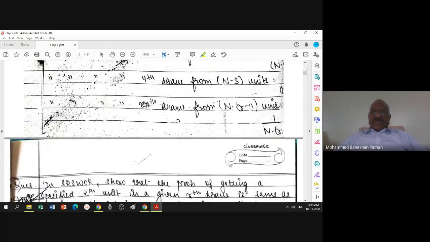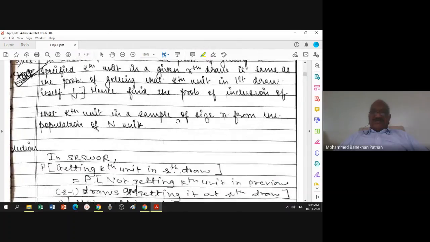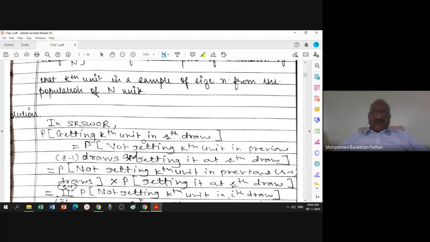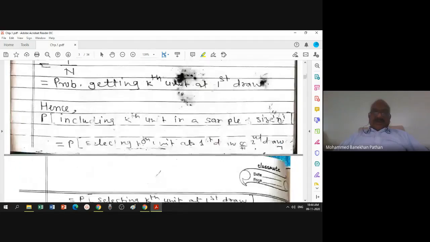Now we want to prove the second part of the question. What is the second part? Hence find the probability of inclusion of that kth unit in the sample of size n. See how to develop. Hence, the probability of including the kth unit in a sample of size n, this I want.